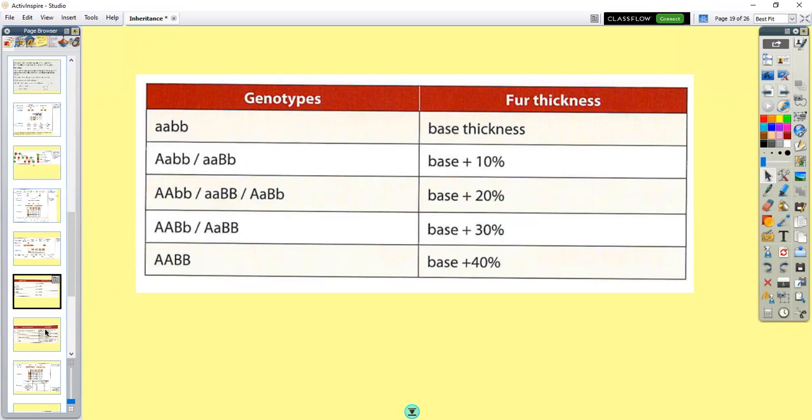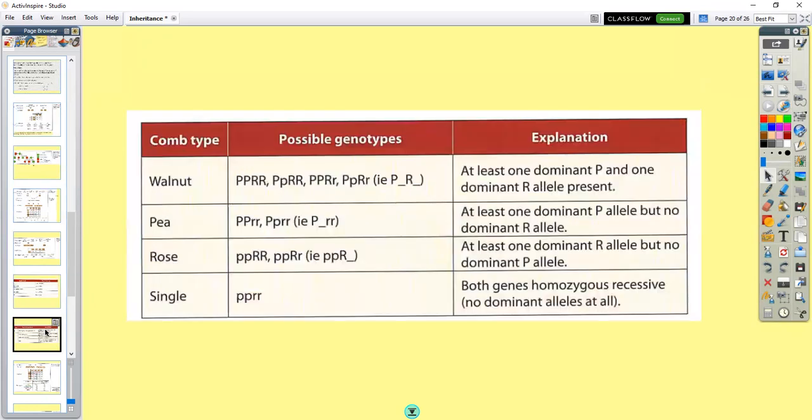Okay. Other examples involving epistasis really is to do with how genes interact with each other. So here you have the effect in comb type in chickens. So you can have 4 different comb types. Okay, anything with a big P and a big R results in the walnut combs.